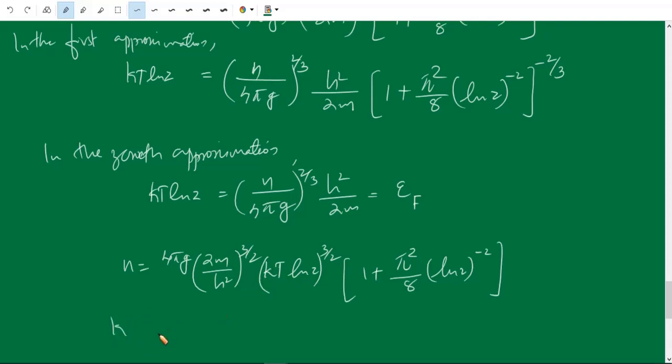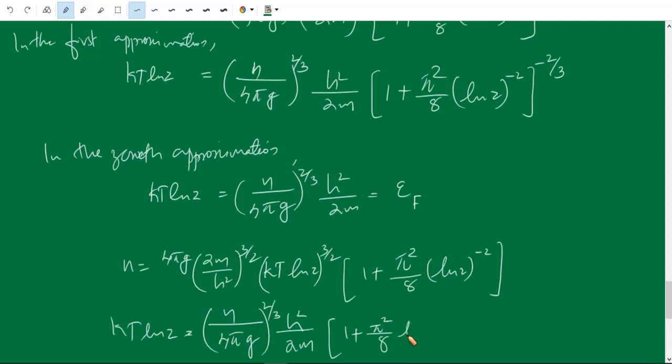Therefore, from this, kT log z is equal to the expression whole raised to minus 2 by 3.